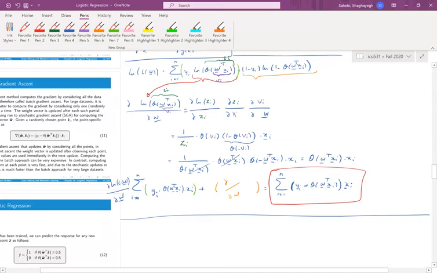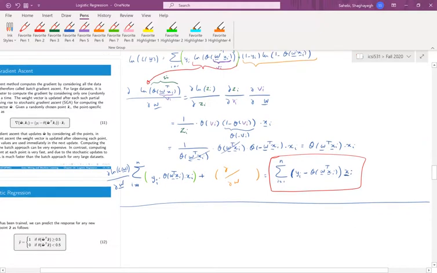Yi is a binary value, 1 or 0. So this parentheses is a scalar. Xi is a d+1 dimensional vector. So this derivative is going to be a d+1 dimensional vector, also similar to Xi. And we know that our W is also a d+1 dimensional vector, right? So that everything matches now. So that's good.